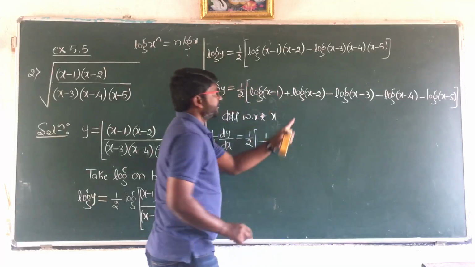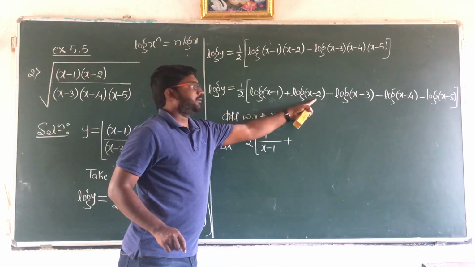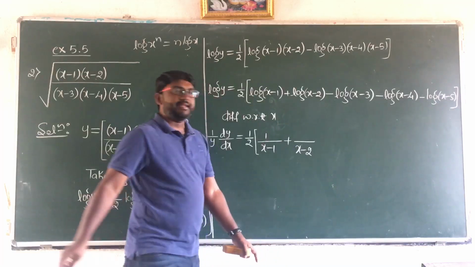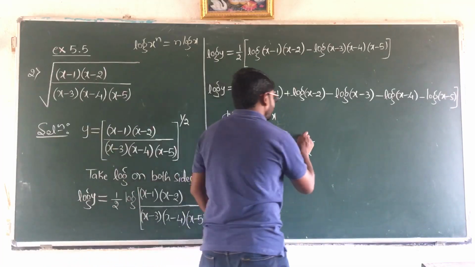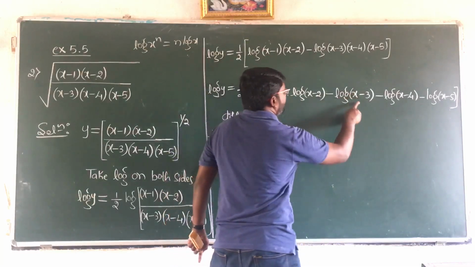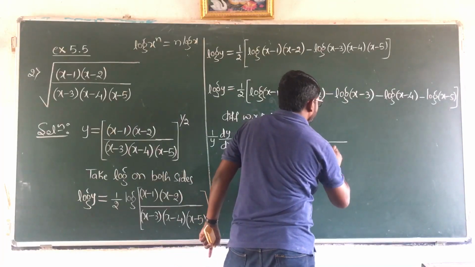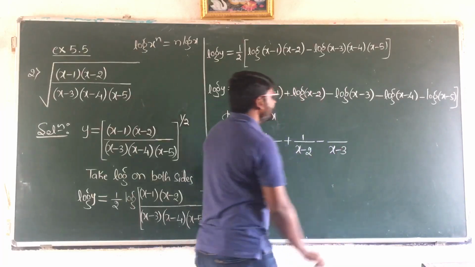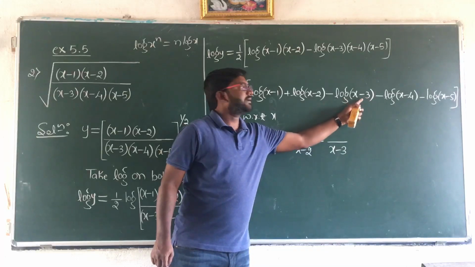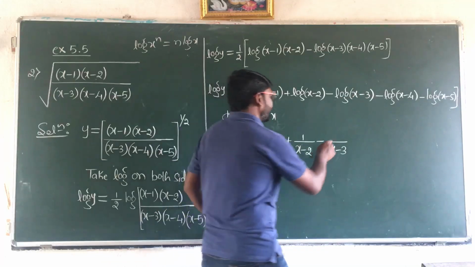Plus, now the derivative of log of x minus 2 is 1 divided by x minus 2, and the derivative of x minus 2 is 1. Then minus, the derivative of log of x minus 3 is 1 divided by x minus 3, and d by dx of x minus 3 is 1.